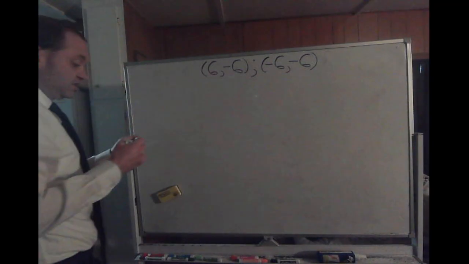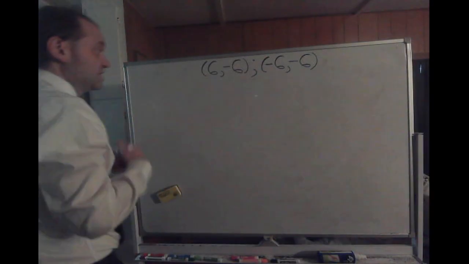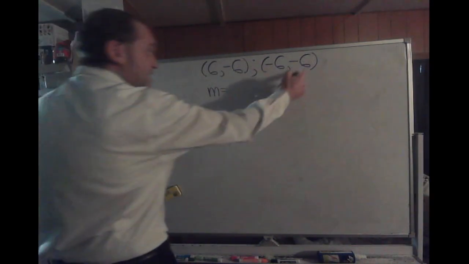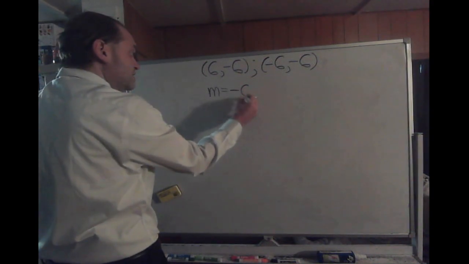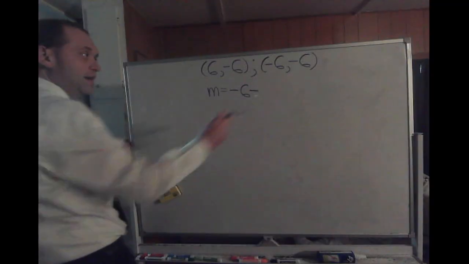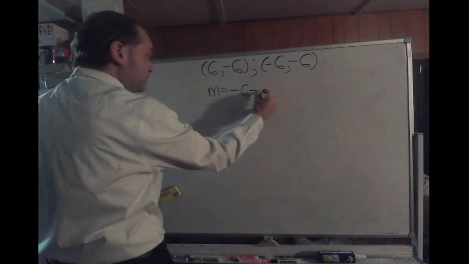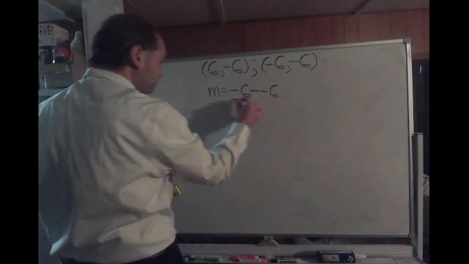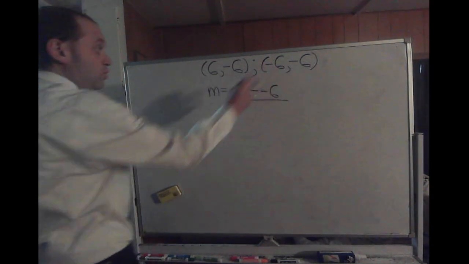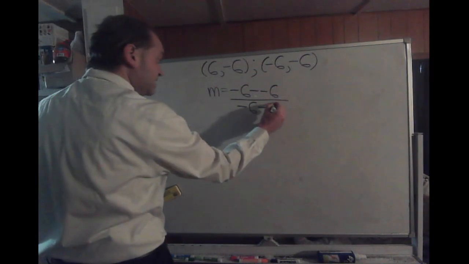We have to find the slope of the line going through those points. Take your second y-coordinate of -6 minus your first y-coordinate of another -6, divided by your second x-coordinate of -6 minus your first x-coordinate of 6.